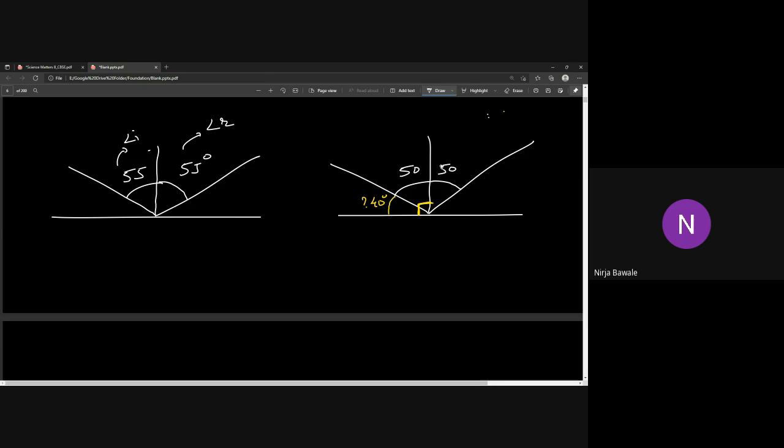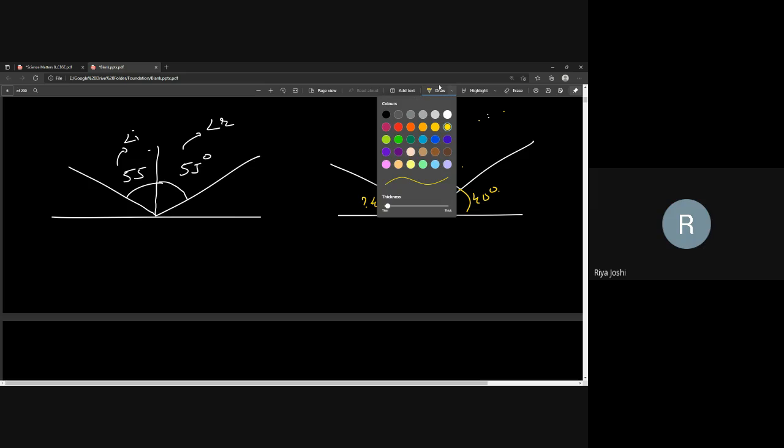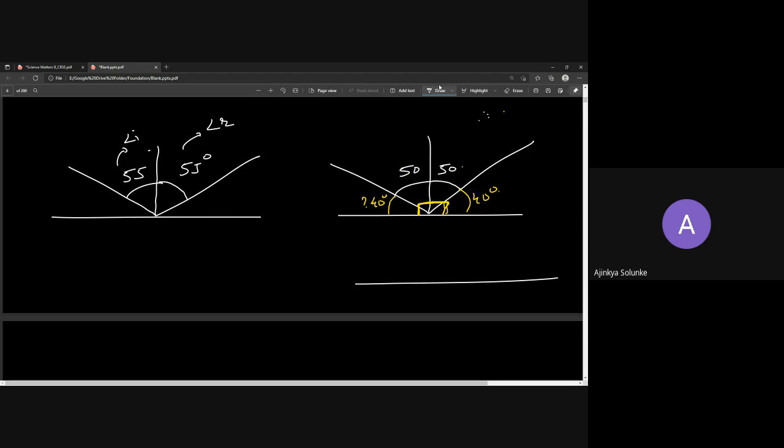And the remaining one? 40 degree, because the total is 90, this is 50, then this must be 40. Can you add all of them, 40, 50, 50, 40? How much is that? 180. That's correct, because what we are identifying is the angle on a complete line, that is 180 degree. So the total angle is 180. Will you be able to find out some angles if I give you some questions on this?